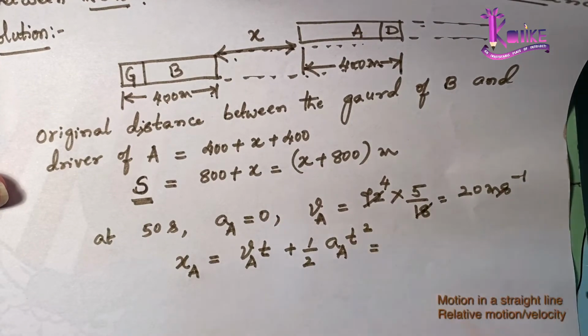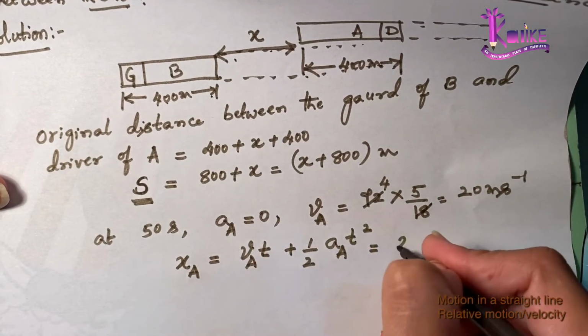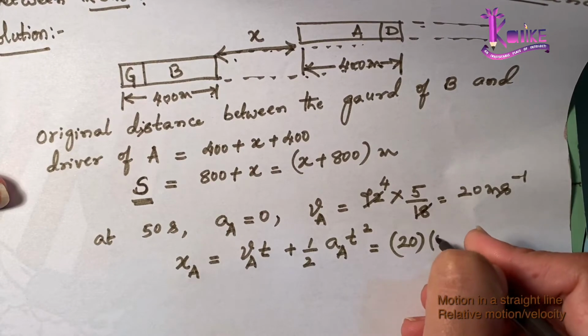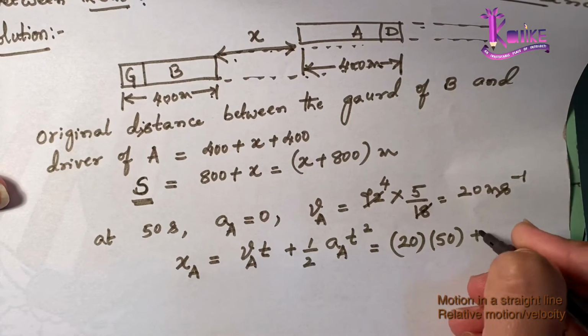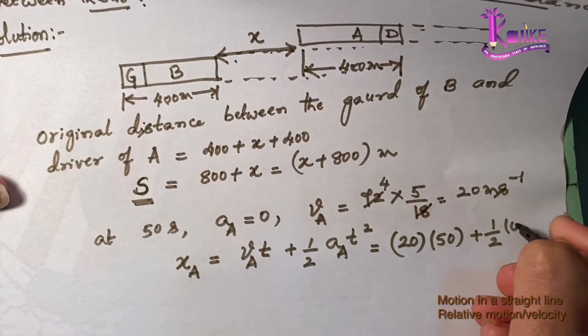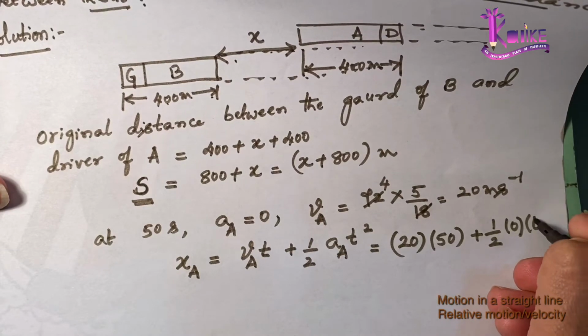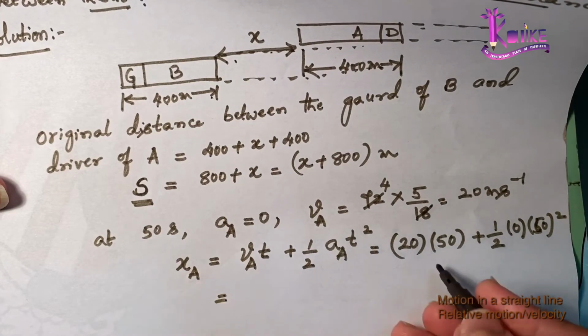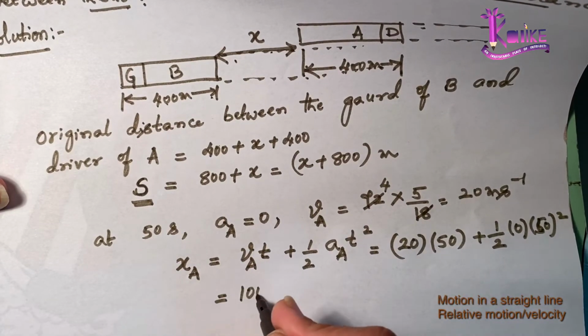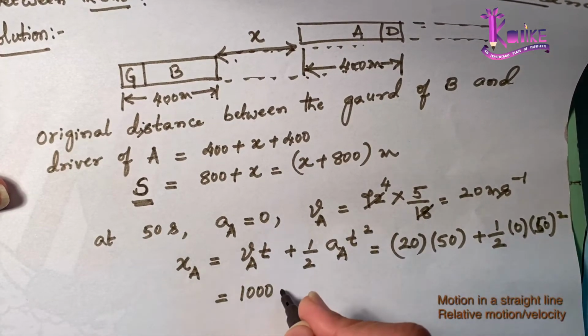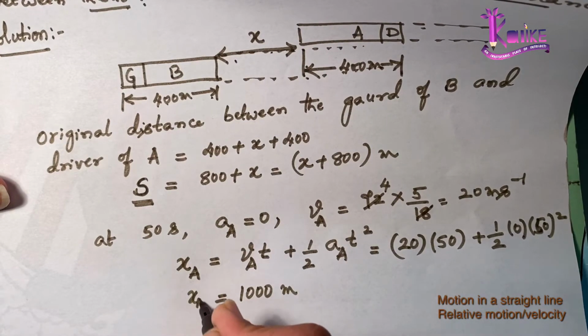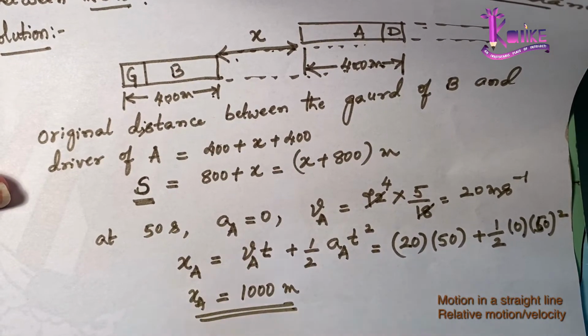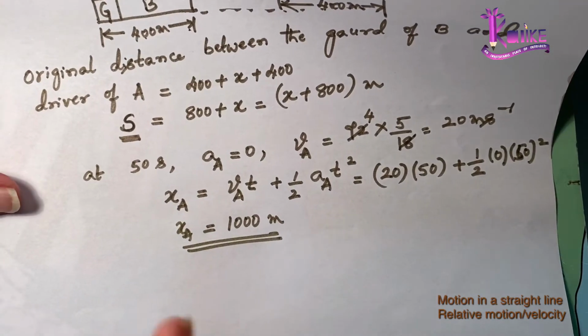So this is nothing but VA is 20, T is 50 plus half into acceleration for A is 0 into 50 square. So this will be 20 into 50 is 1000. This is 0, so this is 1000 meter. So XA covers a distance of 1000 meters.